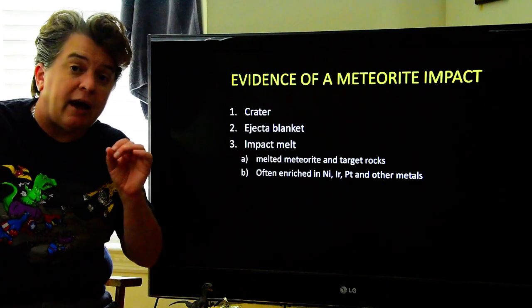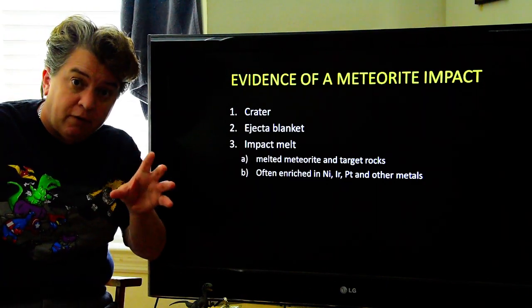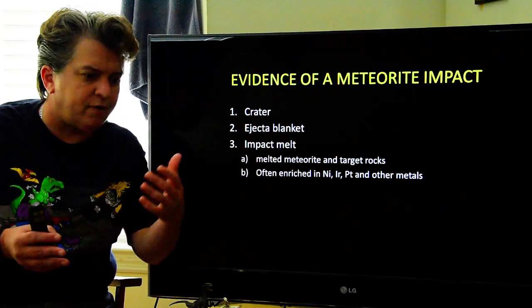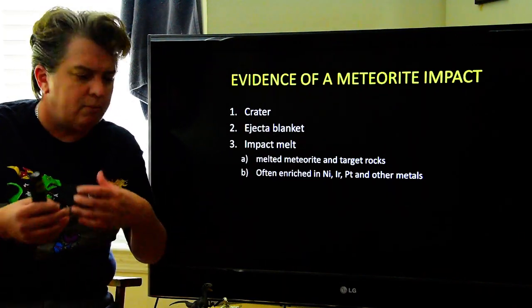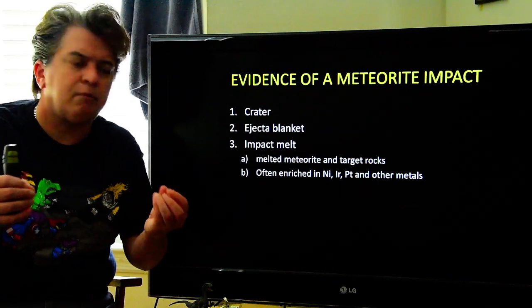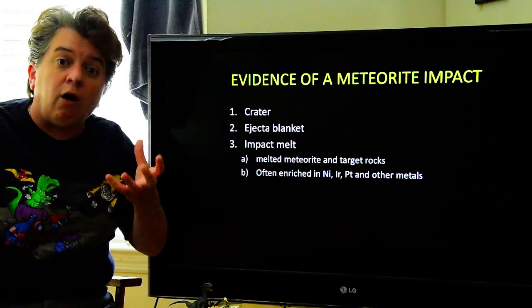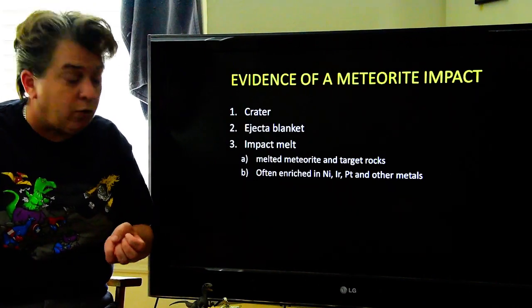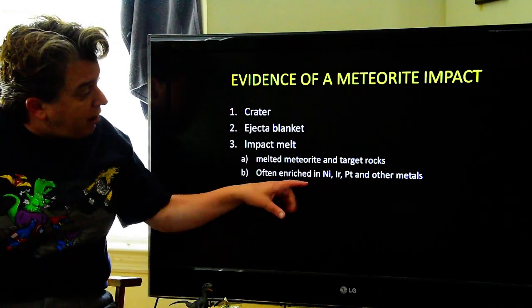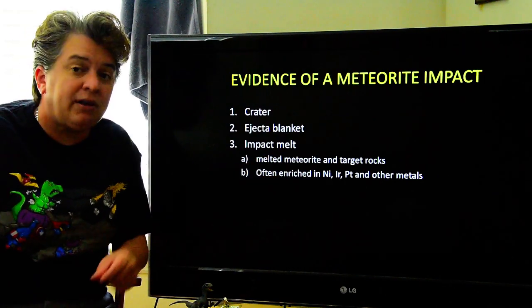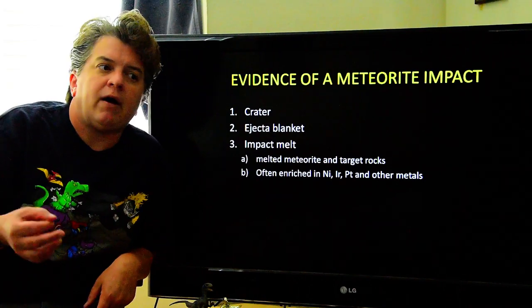There's the impact melt, right? I told you in both of those meteorite impacts, there's a lot of heat involved, whether it's a simple or a complex crater. Doesn't matter, lots of heat, you're going to get some melting. And this is going to be both the meteorite and the target rocks. The rocks that got hit will melt. And oftentimes this is going to be enriched in nickel, iridium, and platinum, as well as some other metals.